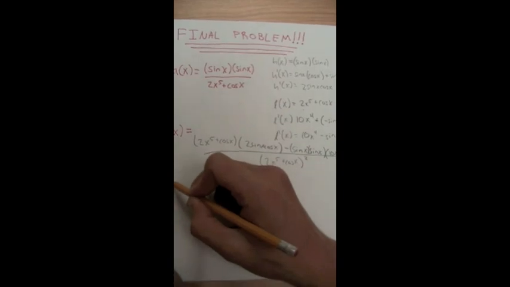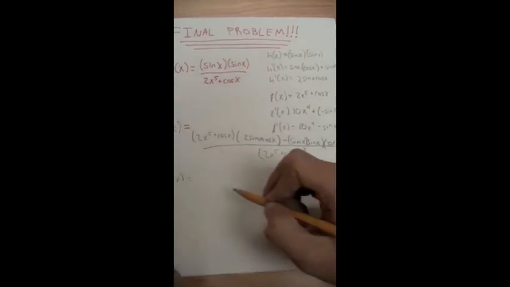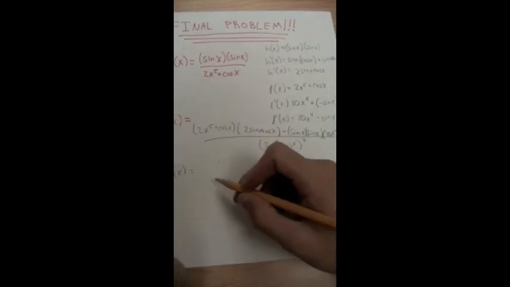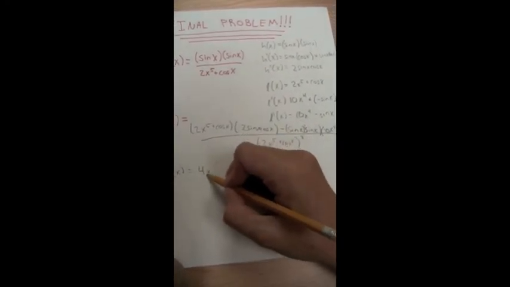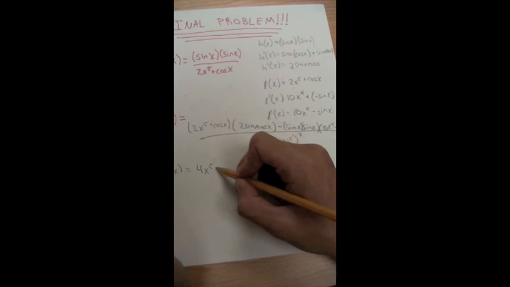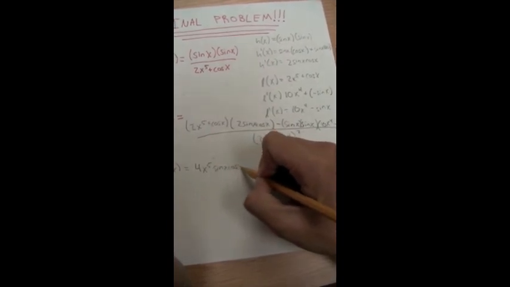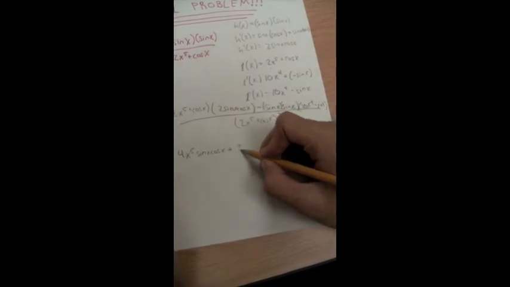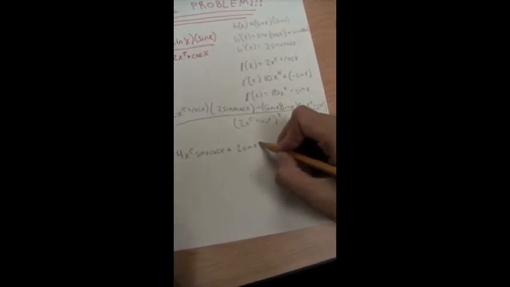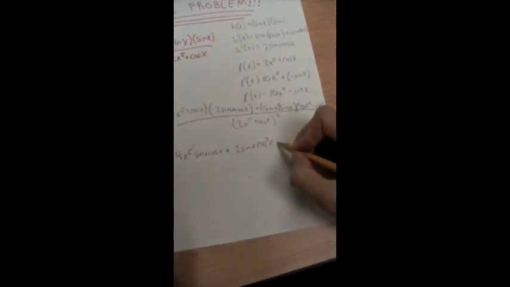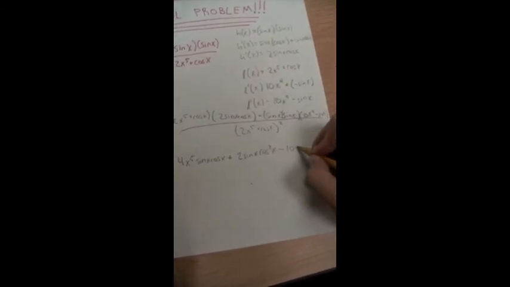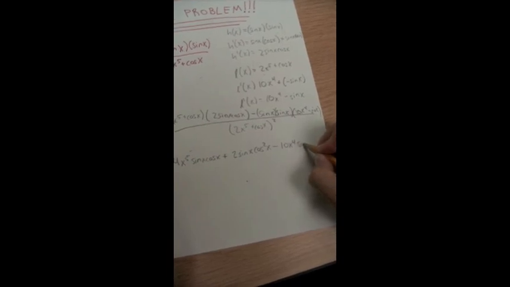We multiply out these different phrases, and we'll have 4x to the fifth sine x cosine x, just multiplying this, plus 2 sine x cosine squared x minus 10x to the fourth sine squared x.